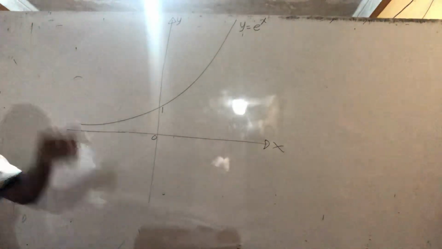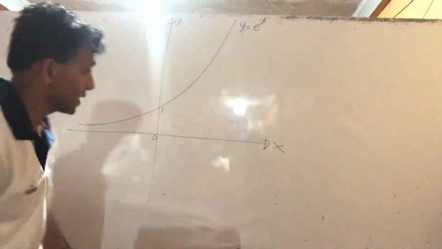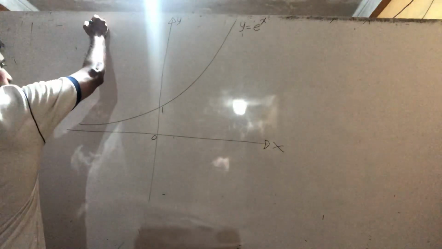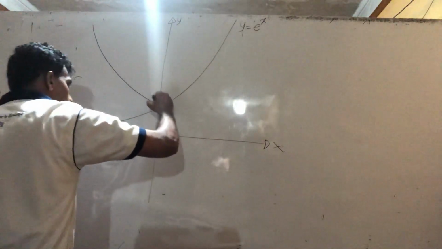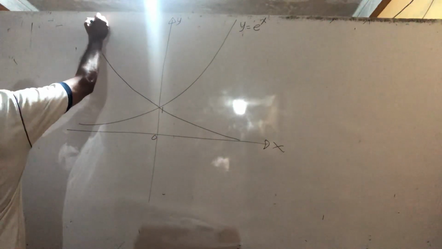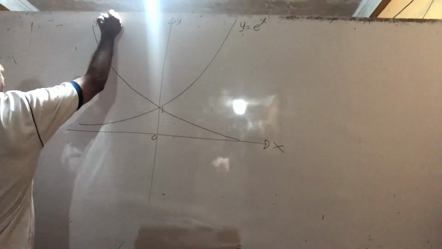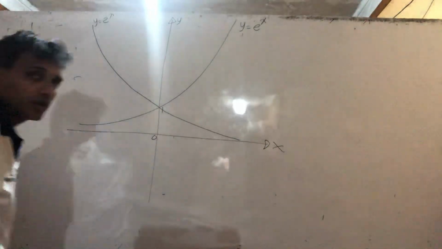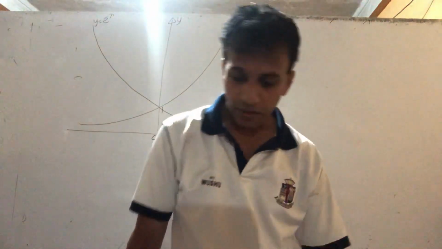And the other graph, y equal e to the power minus x. What happens on the other side? Both are a symmetric shape, right? It goes something like this, and this is the y equal e to the power minus x graph. Keep this in mind, it's very important.